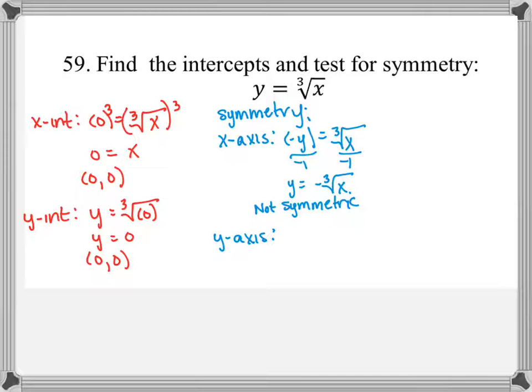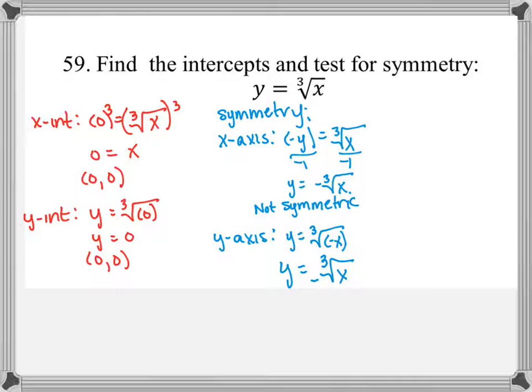To check y-axis symmetry, we are substituting in the opposite of x for x. So y equals the cube root of the opposite of x. This simplifies to y equals negative cube root of x. The easiest way for me to show you why this is true is to show you an example.